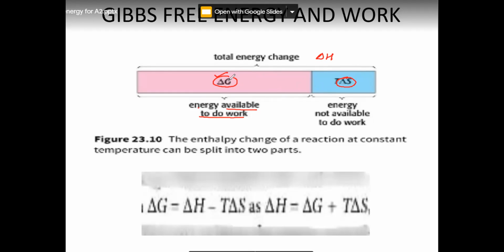So when you combine both of them, the Gibbs energy and T delta S, you have the enthalpy change, or the total energy change.